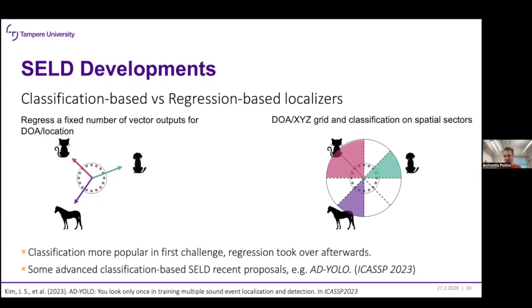Especially because we were doing this full sphere localization and we had dynamic sound scenes with lots of moving sources. There have also been later, more advanced classification-based SELD proposals, for example, the SAD YOLO by Kim et al. And probably others.